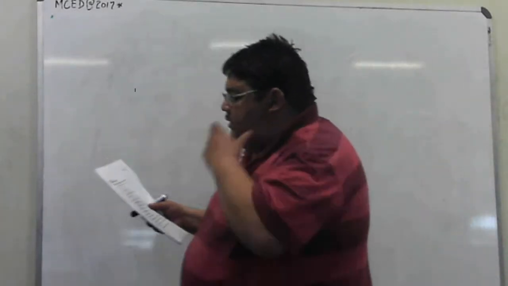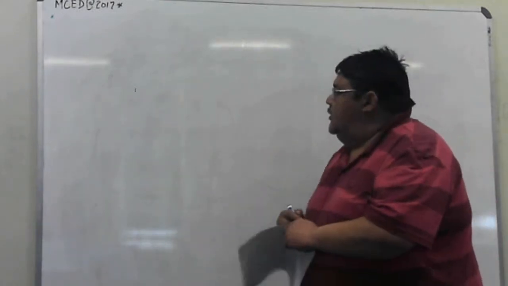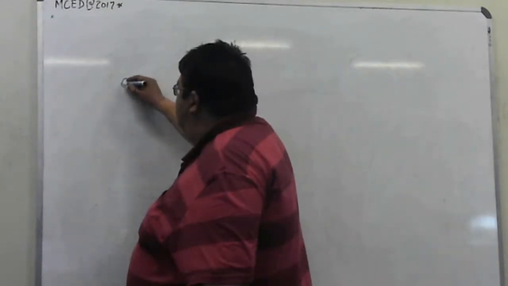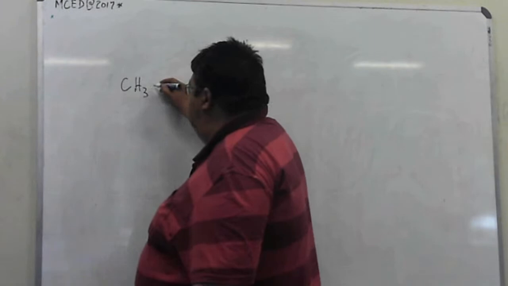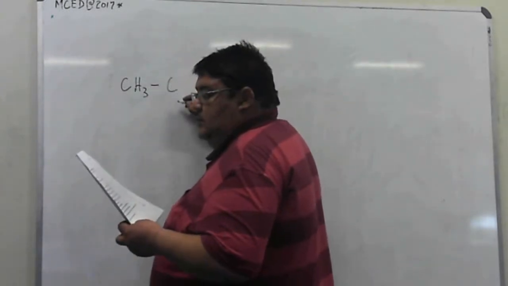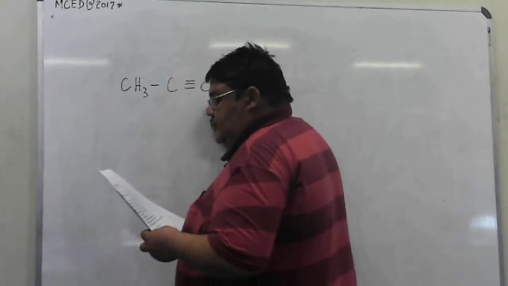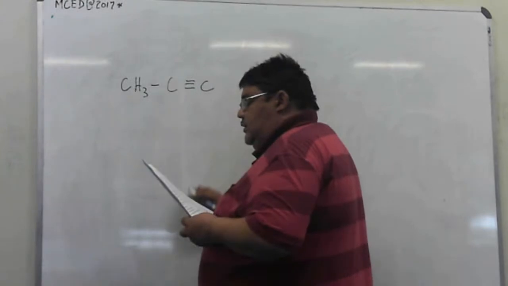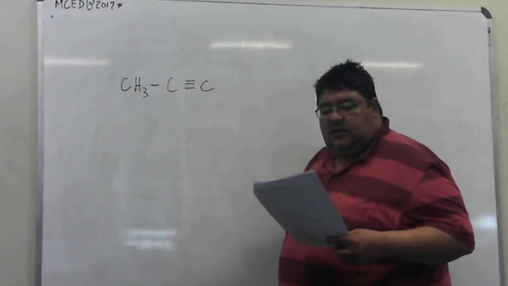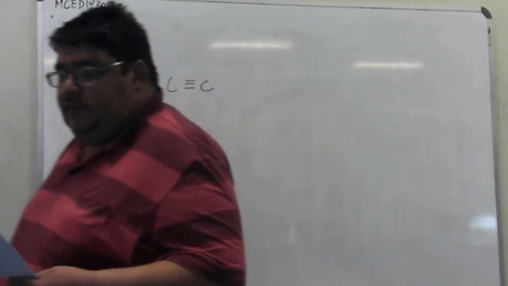And this is the MCED, September 2010, and I draw molecule A on the board, and it says CH3, C, triple bond with another C, and I look at it, and I see that this particular molecule has a mistake.